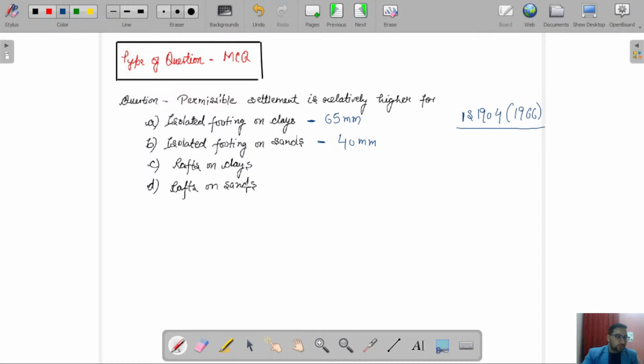Okay, if voice is not clear, let me know. Is there any other student who is facing this problem with voice? Any other student also facing problem with voice?